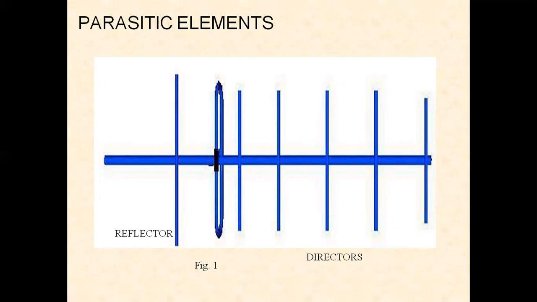And we have one or more parasitic elements placed in front of the director. They are arranged collinear, with linear spacing, and close together.